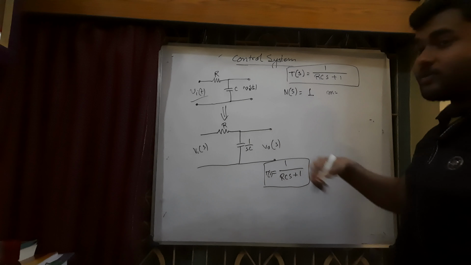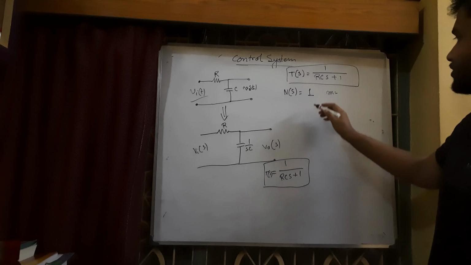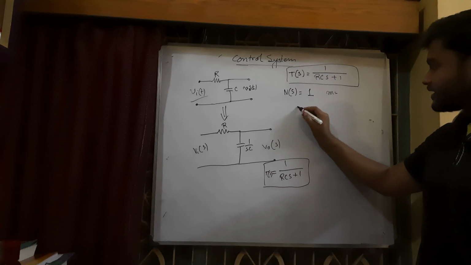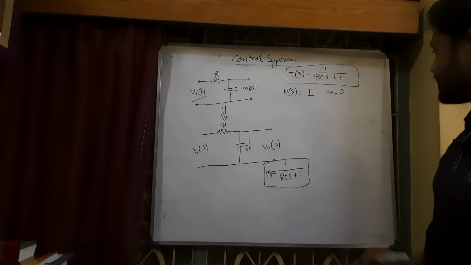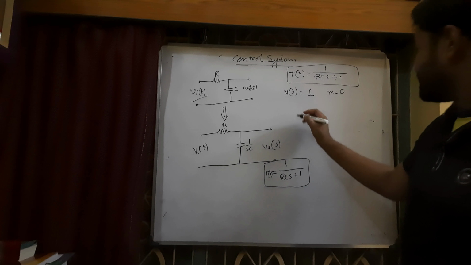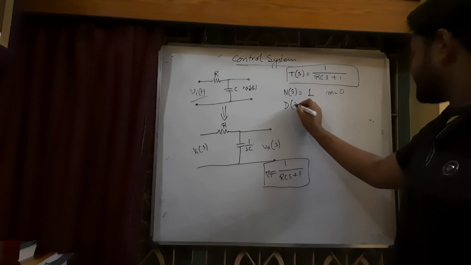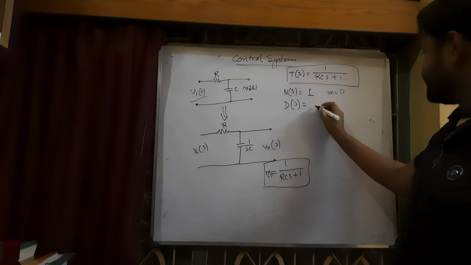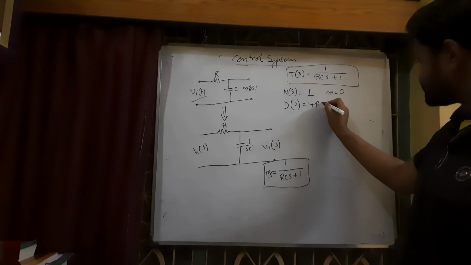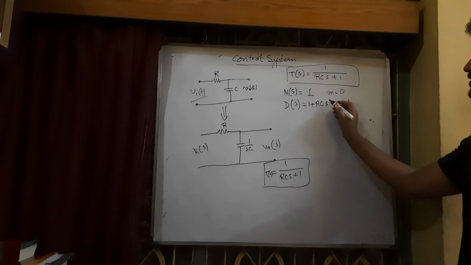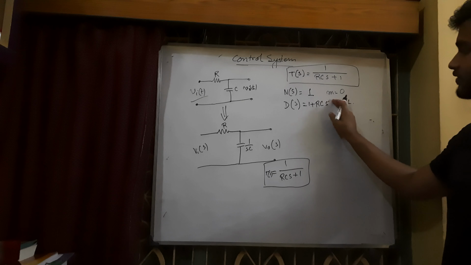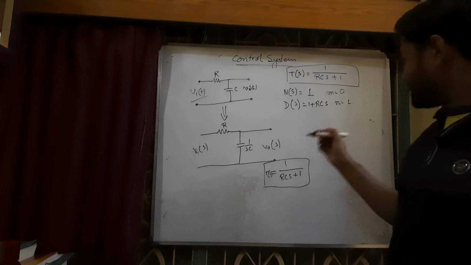M is the highest power of s in that expression. So what is the highest power of s? It is s to the power 0, right? So m is 0. Now what is D of s here? D of s is 1 plus RCS. Now what is n? The value of n is 1 here, because s to the power 1 is the highest power of s.